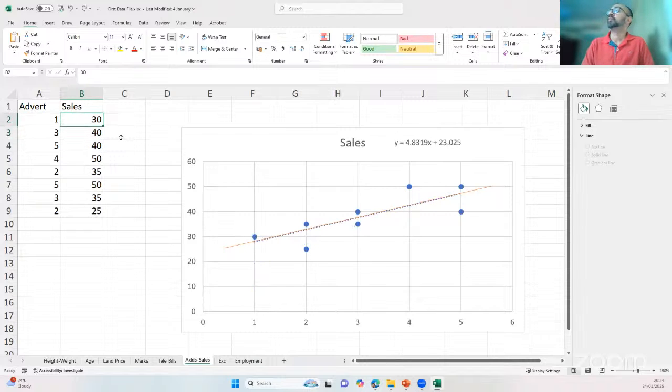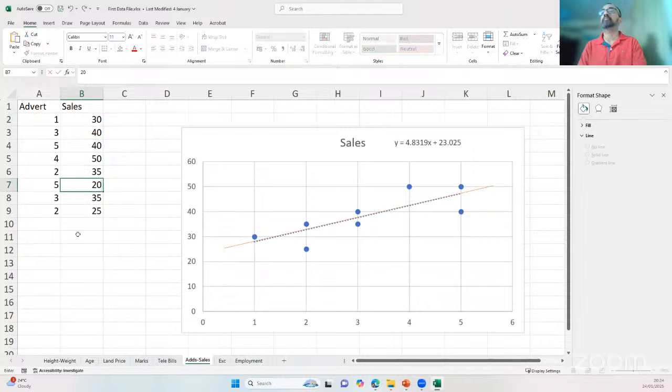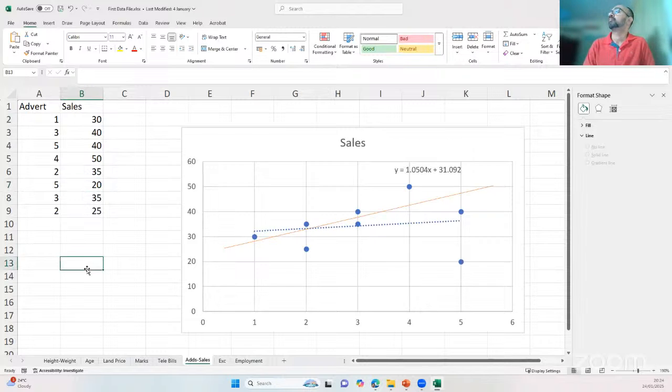Okay, then let's change another value, 50 here, right? Assume during that month the sales had been 20. See? While the general pattern is like this, you can see, right?